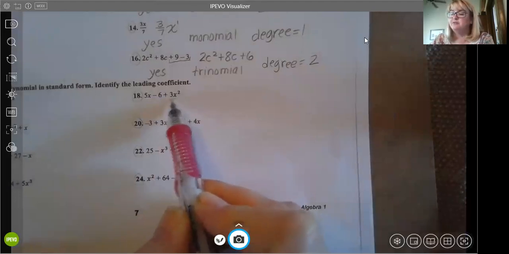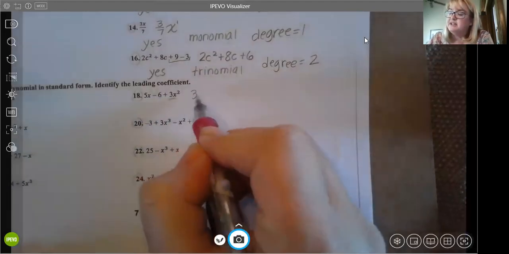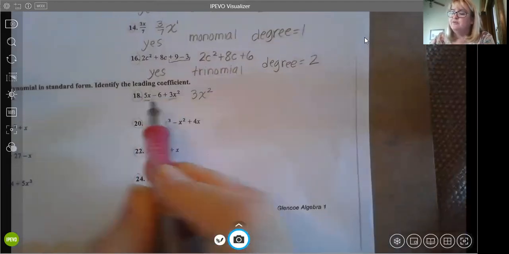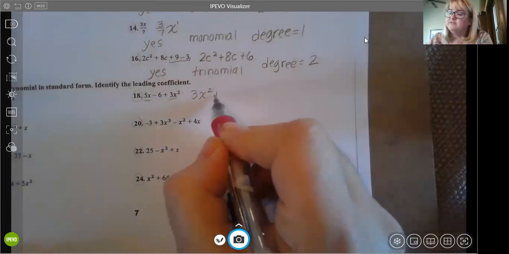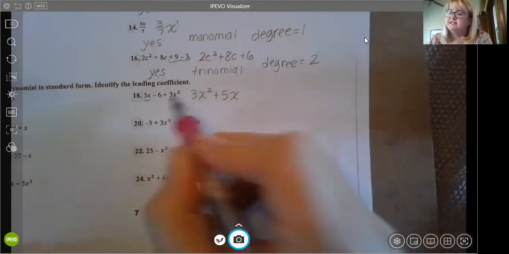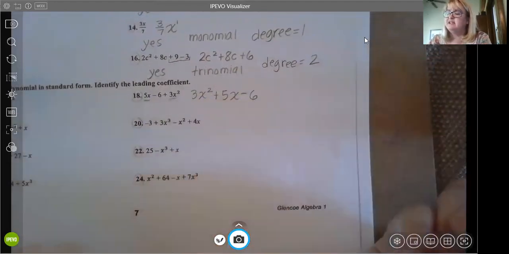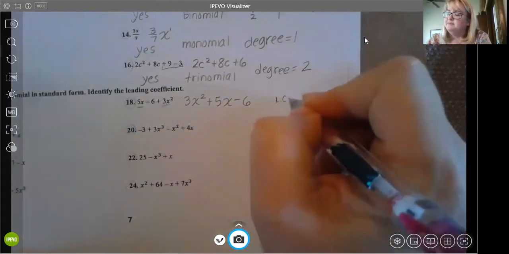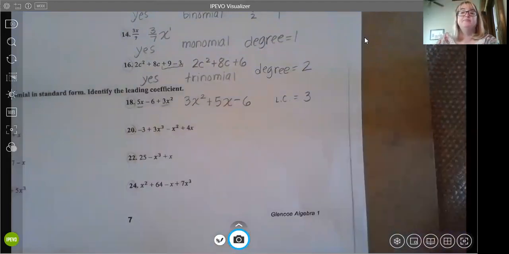So we have to start with 3x squared. So in standard form, we got 3x squared. The next one is the degree of 1. It is positive, plus 5x, and then that's -6. So this is in standard form. The leading coefficient, you can put LC, is 3.